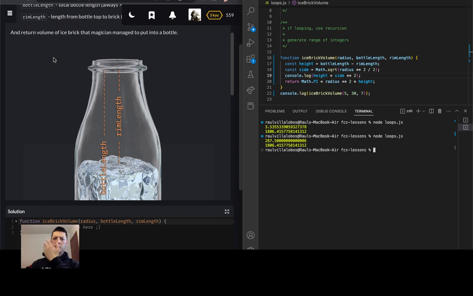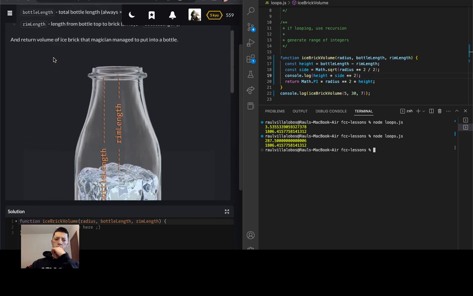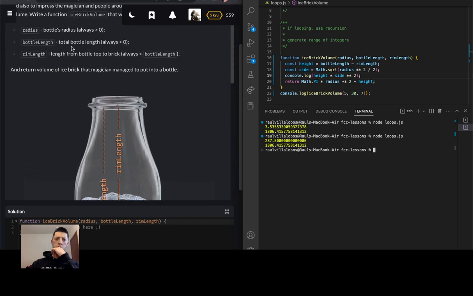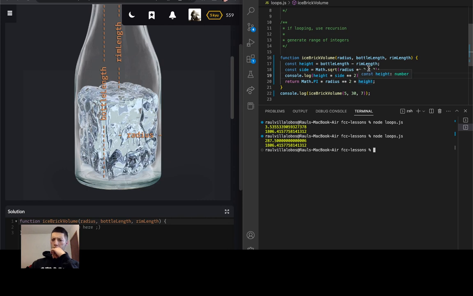Return volume of iceberg that magicians managed to put in bottle. Total bottle length. What is total bottle length? It's the long one minus rim length.